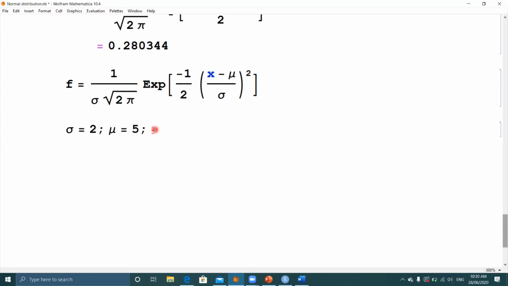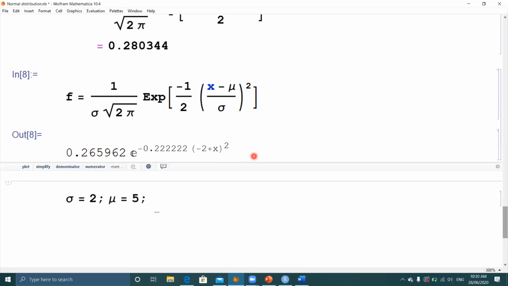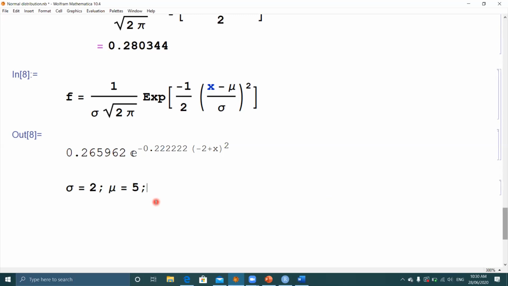equal to, for example, 5, now these are the two parameters. After substituting these two values, and x is equal to the point where the maximum ordinate exists at mu.